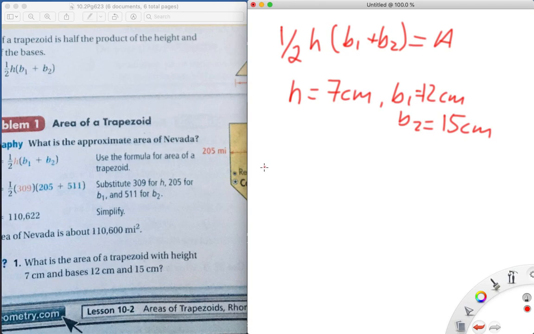So in this case, our area is going to be 1/2 times 7 times 12 plus 15.